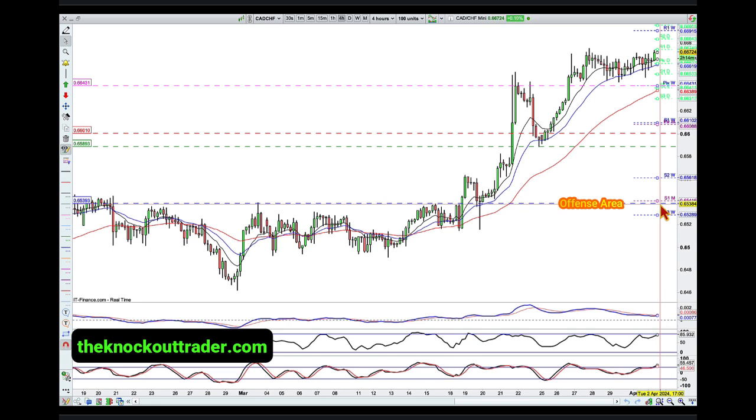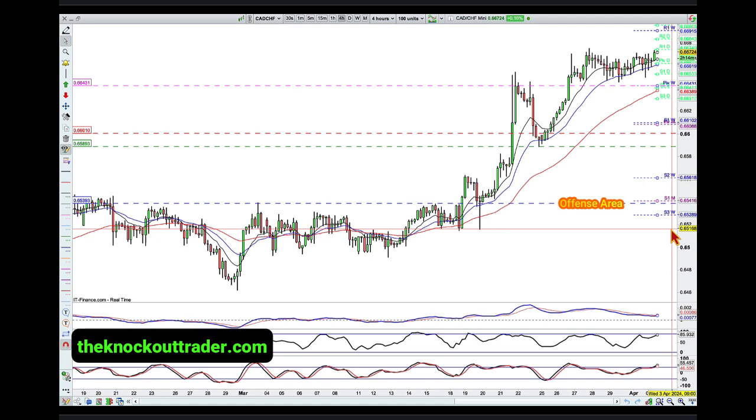This is not the beginning of a new push. So the more we move, the more the likelihood is that we might see a pullback, and I don't want to be caught in that pullback. I don't want to find myself buying as we start to change direction. That is why I'm looking for those reasons, and I'm not just deciding to buy at this line or to start striking at that line.